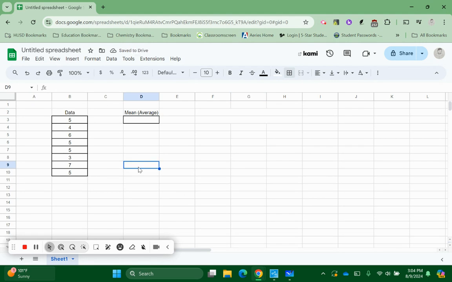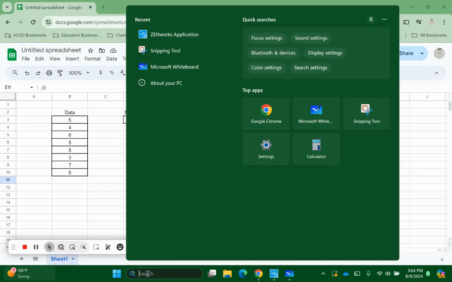Now, in your math classes, undoubtedly you've learned how to calculate a mean or an average. The way you do that is you add up all your data points and then you just divide by how many data points you had. In this case, 1, 2, 3, 4, 5, 6, 7, 8. So, let me pull up a calculator real quick.